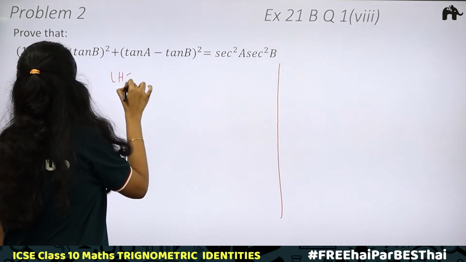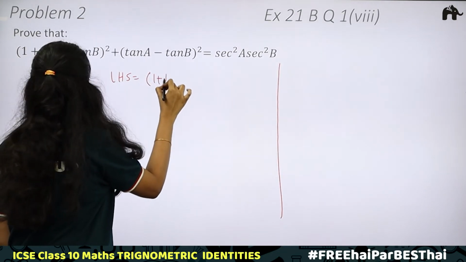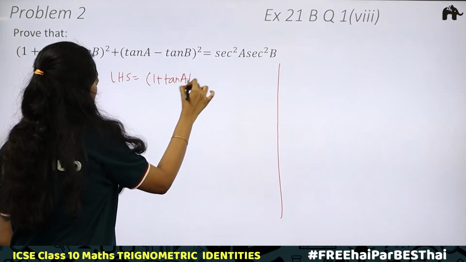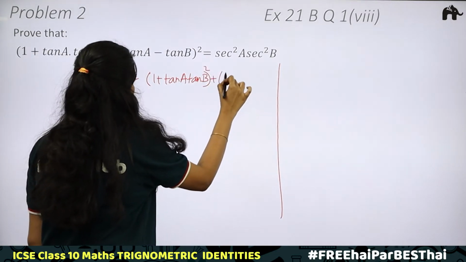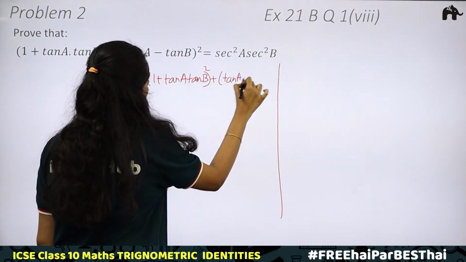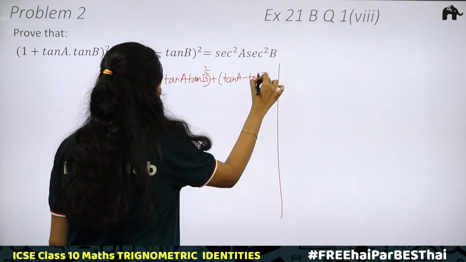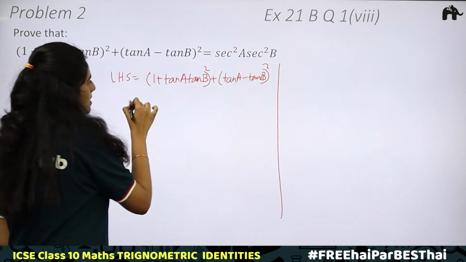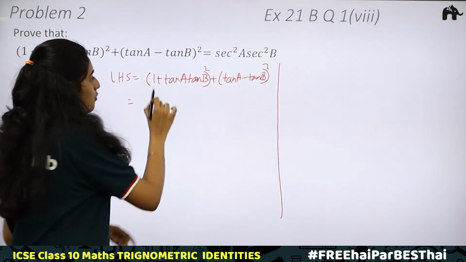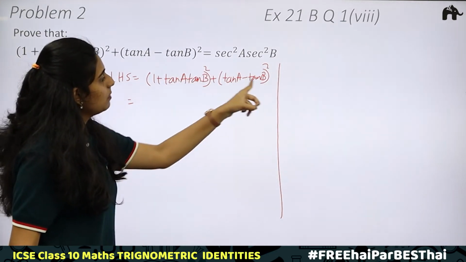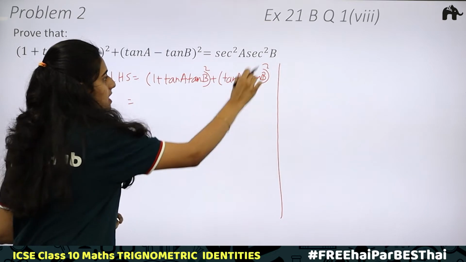Taking LHS, we have (1 + tan A tan B) whole square + (tan A - tan B) whole square. This is of the form (a + b) whole square, and tan A minus tan B whole square is (a - b) whole square.